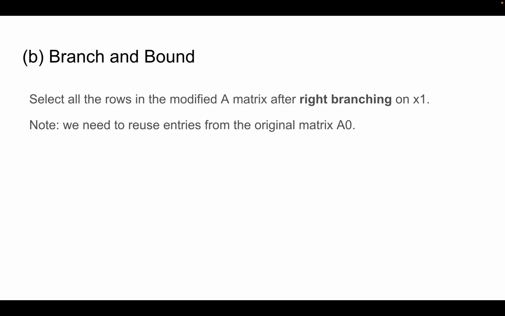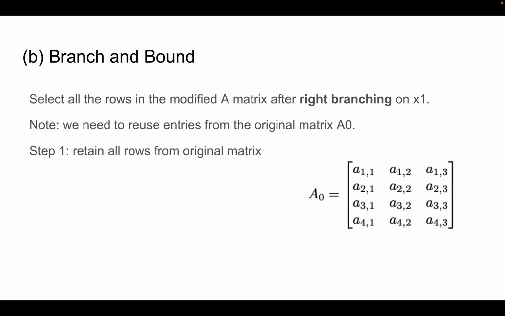Right branching is very similar to left branching, except now we're going to establish a lower bound on x1, in terms of x1 being greater than or equal to the ceiling of whatever value it took on. So once again, we're going to reuse entries from the original matrix A naught. That's going to be our first step.